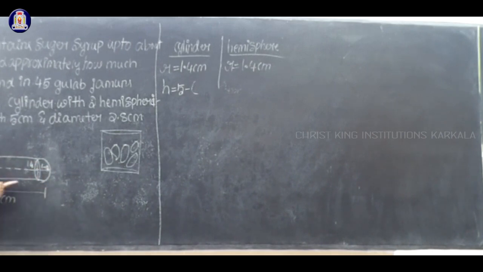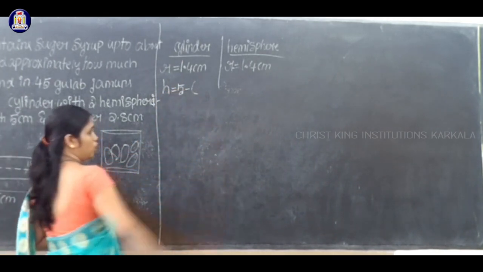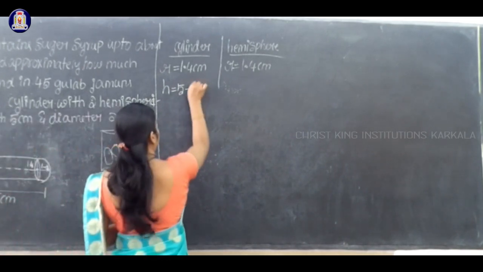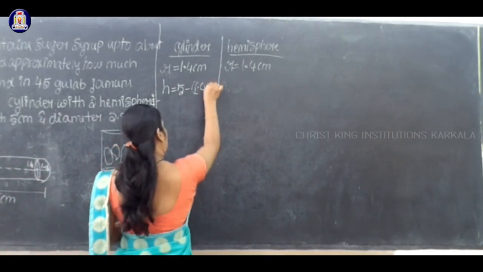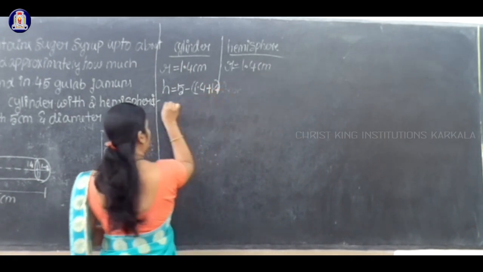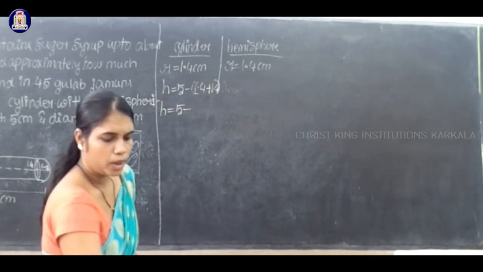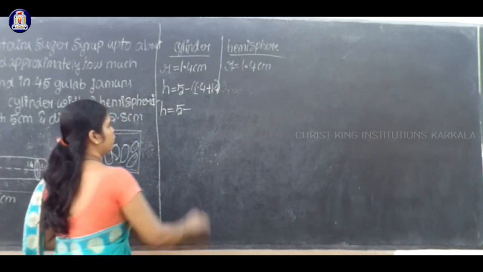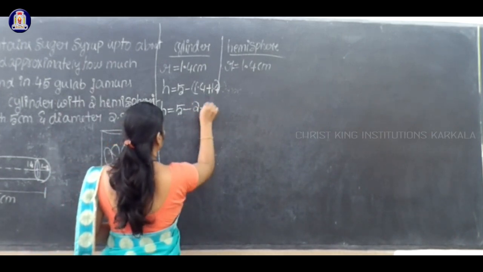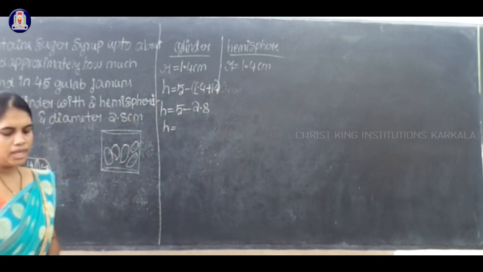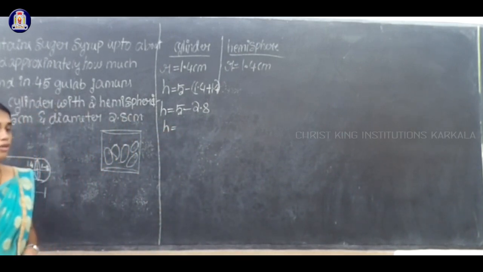So from 5 you have to remove 1.4 plus 1.4. So h is equal to 5 minus (1.4 plus 1.4), which is 5 minus 2.8, equal to how much?